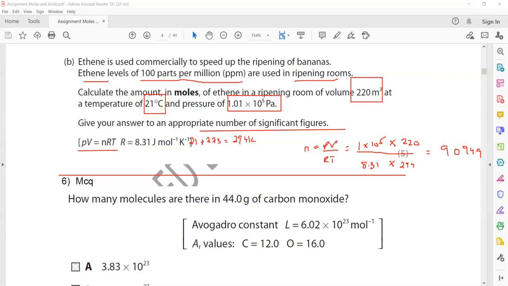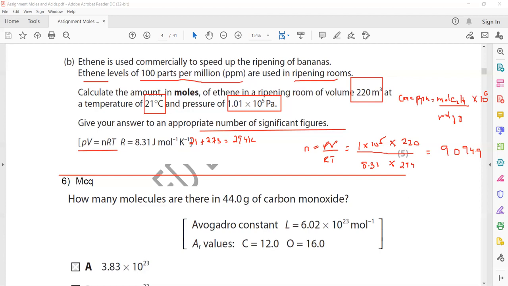But to get the number of the particles of ethene, the concentration in ppm is equals to moles of ethene, which is C2H4, divided by moles of the gas which is used, into 1 million. So we need the moles of ethene.